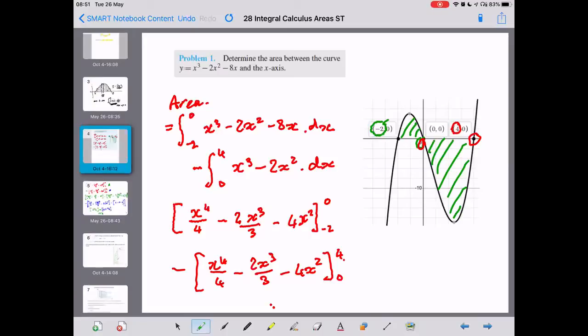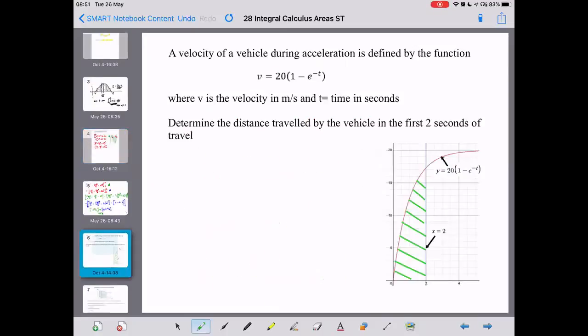So let's have a look at another one. If we've got a graph of the velocity of a vehicle over time, in this case the velocity due to an acceleration, and we find the area under that graph, we've got time on the x-axis and velocity, v, on the y-axis.